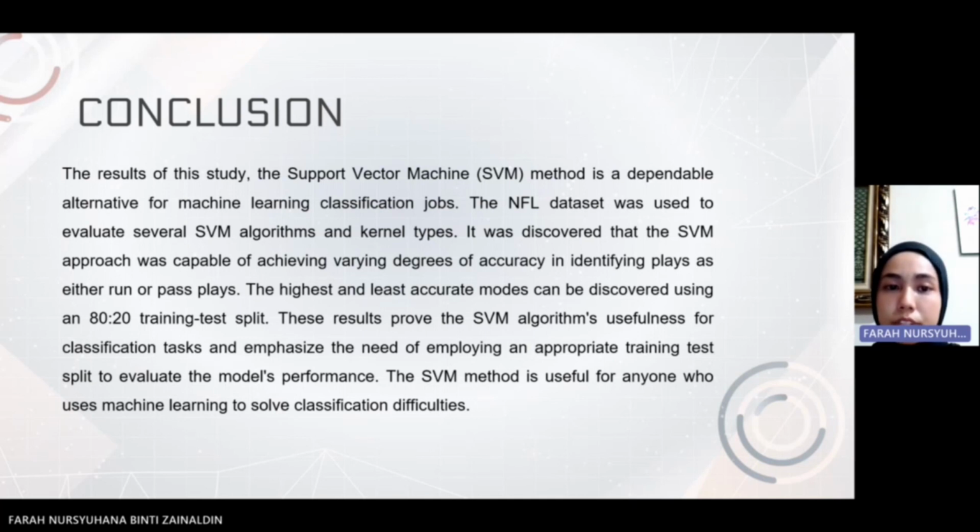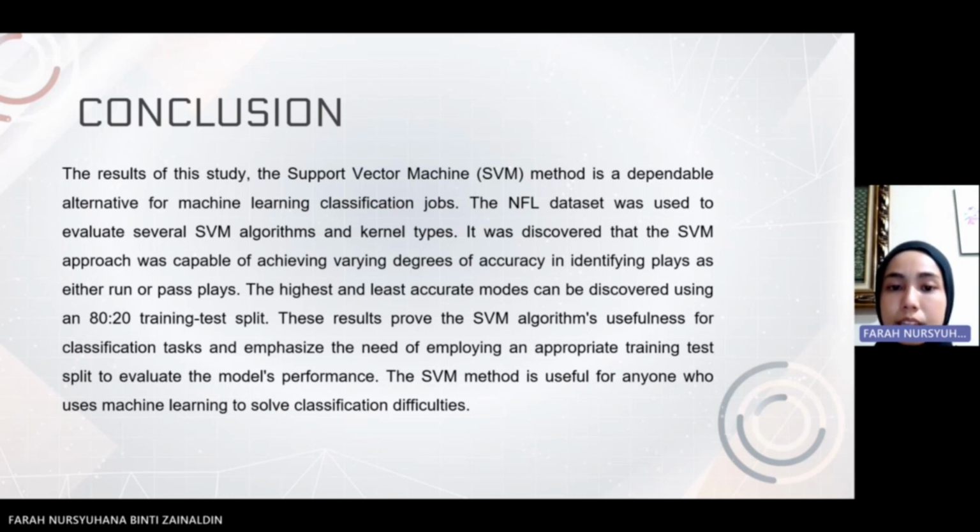The result of this study supports that the SVM method is a dependable alternative for machine learning classification jobs. The NFL dataset was used to evaluate several SVM algorithms and kernel types. It was discovered that the SVM approach was capable of achieving varying degrees of accuracy in identifying plays as either run or pass plays.